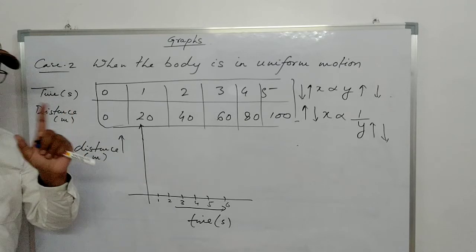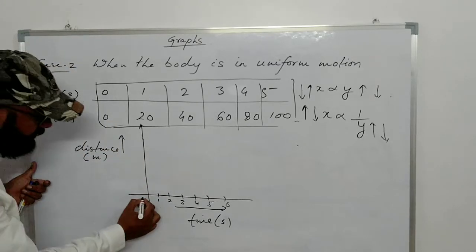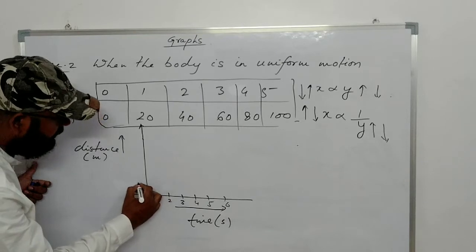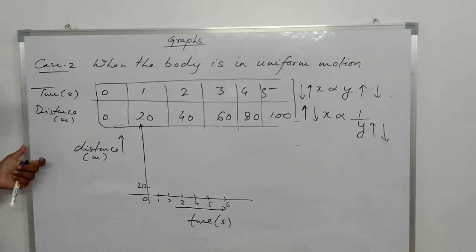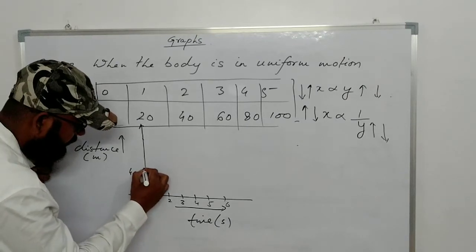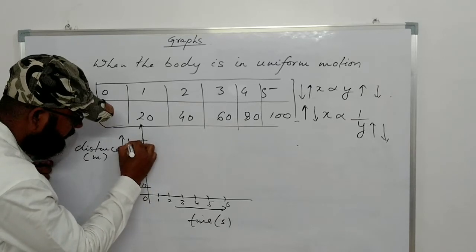Like, everyone knows how to draw the graph. Now here origin, then 20, then 40, then 60, then 80, then 100.